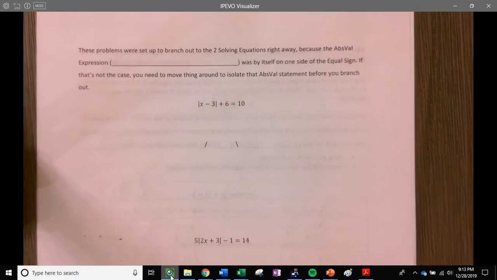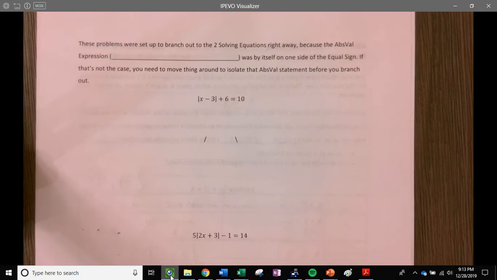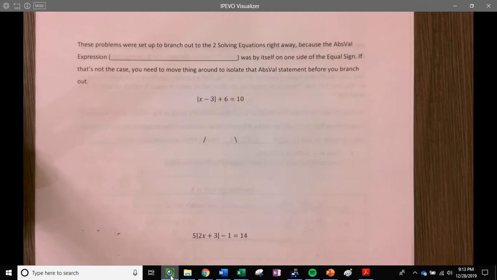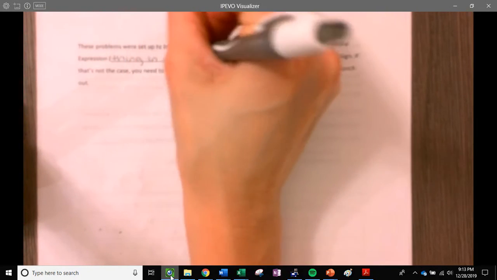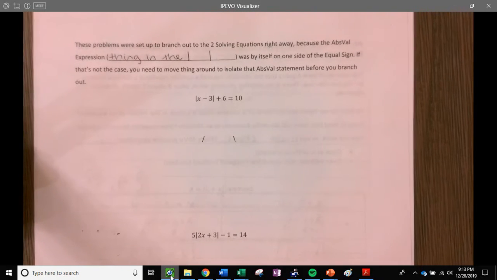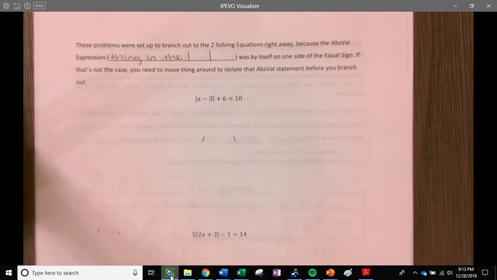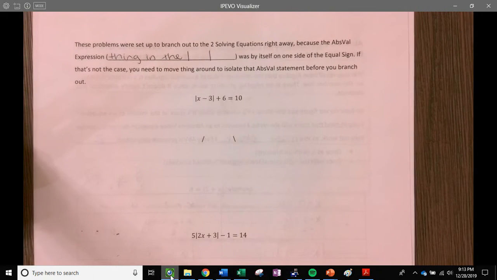These problems were set up to branch out to the two solving equations right away because the absolute value expression, or the thing in the brackets, was by itself on one side of the equal sign. Okay? If you have the absolute value expression alone with no outliers outside of those brackets, then you're ready to go.